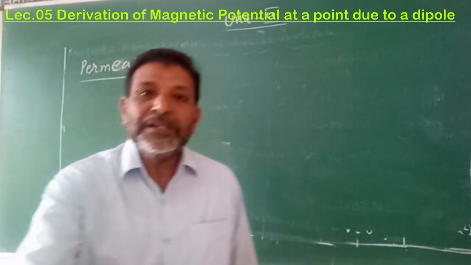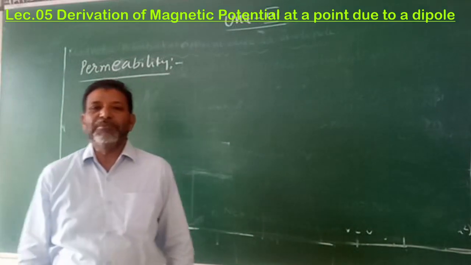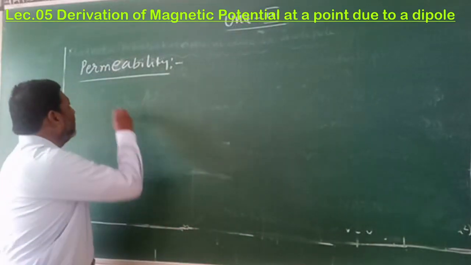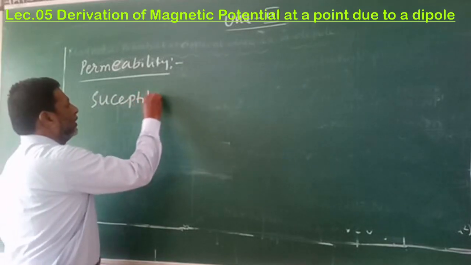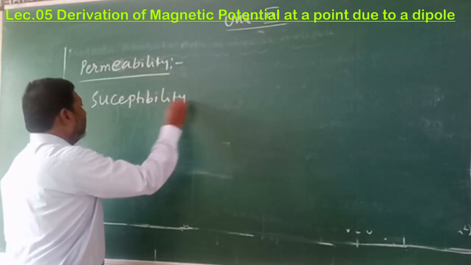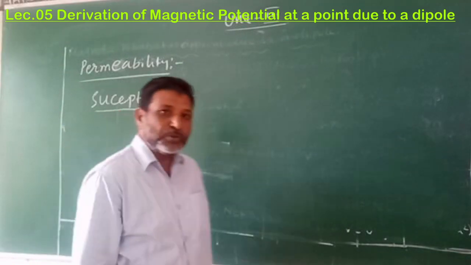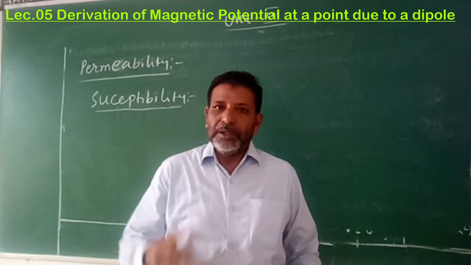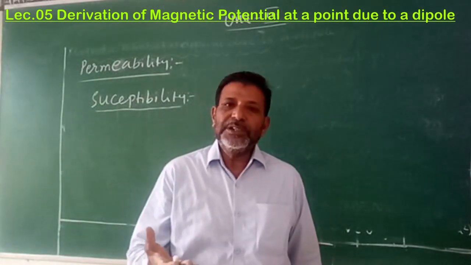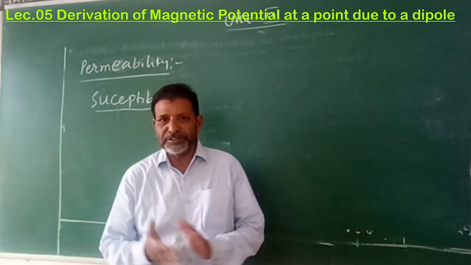And next, coming to one more point, that is susceptibility. Regarding this susceptibility also, you have studied, not only in physics, even in chemistry you have come across these definitions.